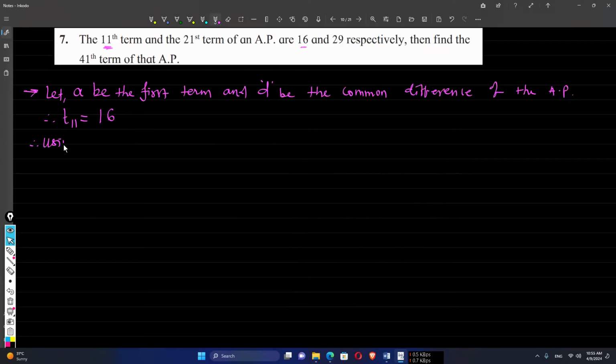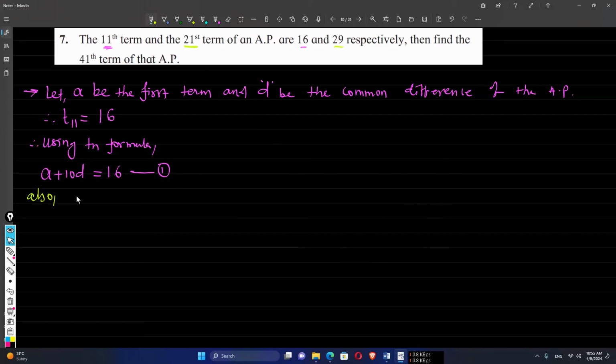Therefore, using Tn formula, now T11 means A plus 10D. Okay, A plus 10D meaning T11, which is equal to 16. And this is nothing but the first equation that we got here. Now, it is also given the 21st term of the AP is 29.